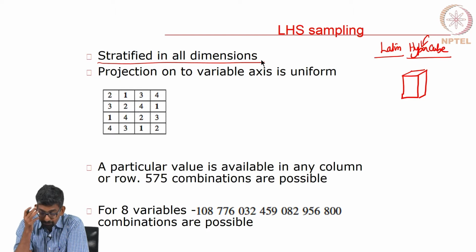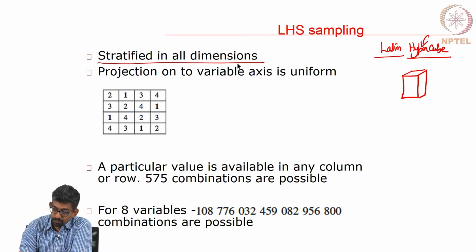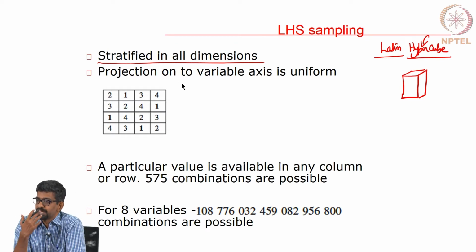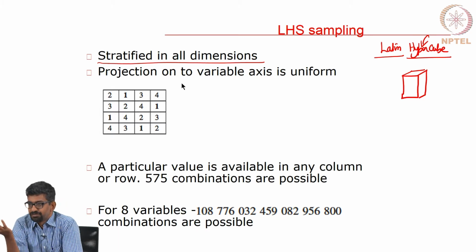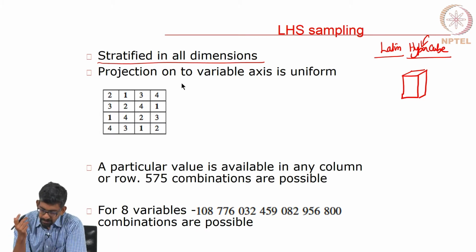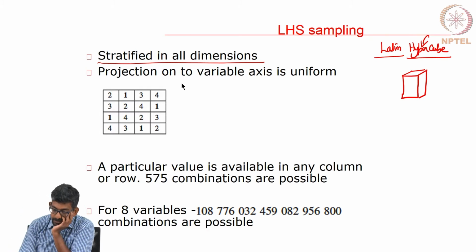Okay. So, in all the dimensions you want to do the stratified, and projection onto the variable axis is uniform. Okay. I do not want to get extra information on any particular variable axis. If I am getting 55 on that axis, I should get 55 on this axis also.